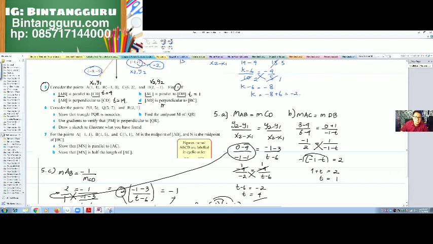So you could say MAD equal negative reciprocal of 1 over MBC, or you could also say MAD times MBC equal negative 1. So this one or this one also equal.